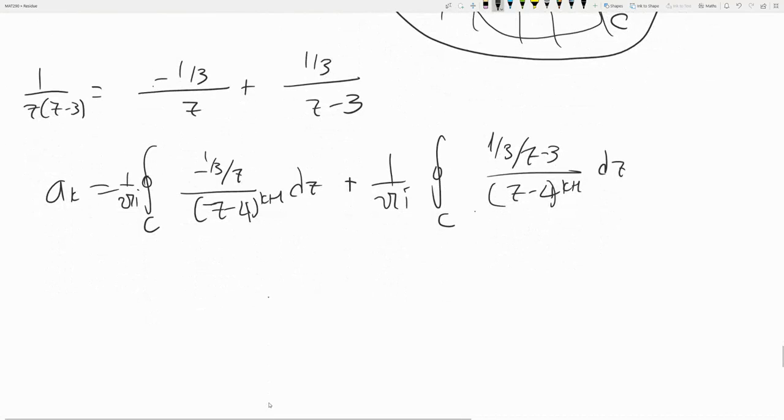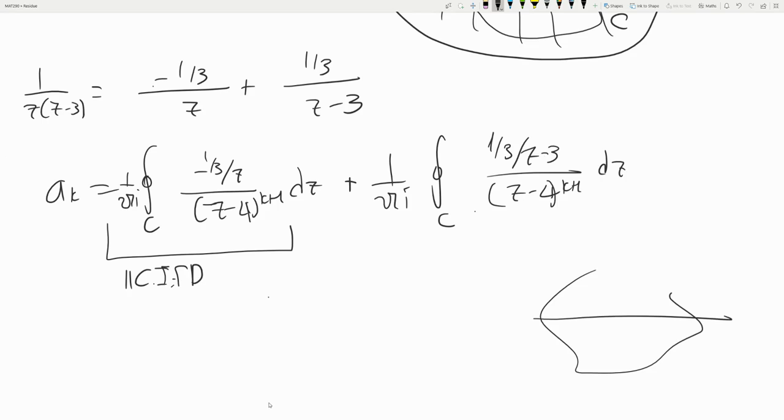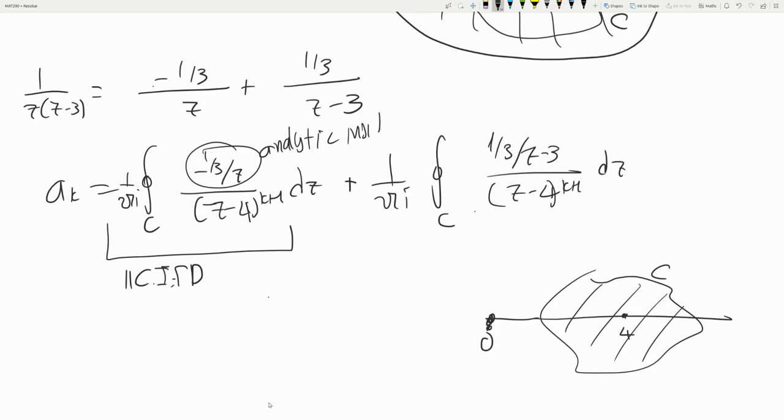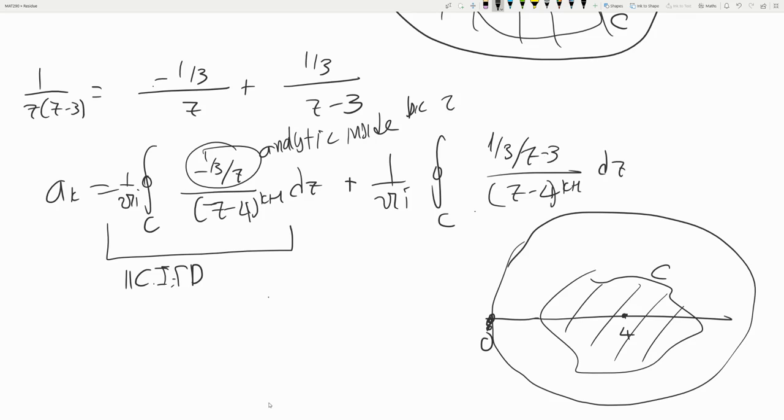Okay, so here we can apply the Cauchy integral formula for derivatives. So that's fine. And the reason is because inside C there is no pole. So this guy is analytic inside C because the pole 0 is outside.